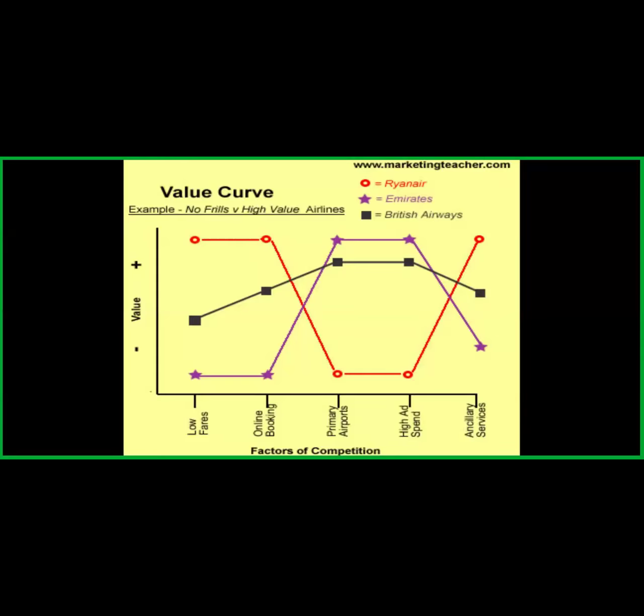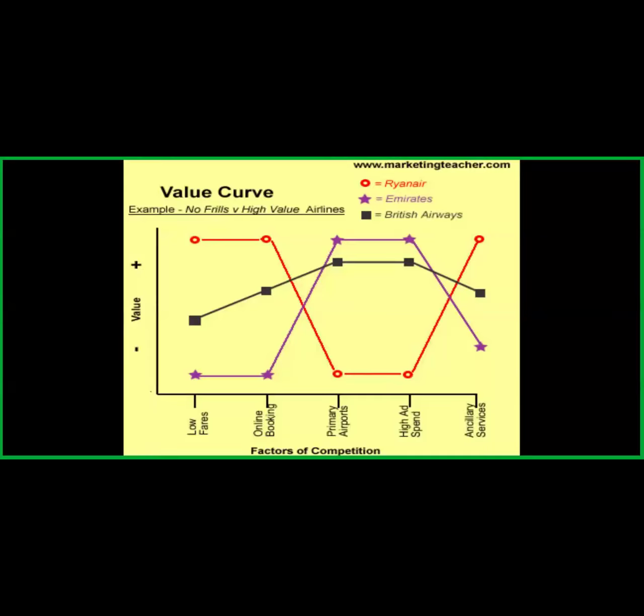So with the help of this diagram, we can very easily find out that the fares are high for Emirates and low for Ryanair. Then British Airways, we can easily find out, is in between Ryanair and Emirates. When it comes to airports and high ad spend, Ryanair scores less and Emirates scores more.